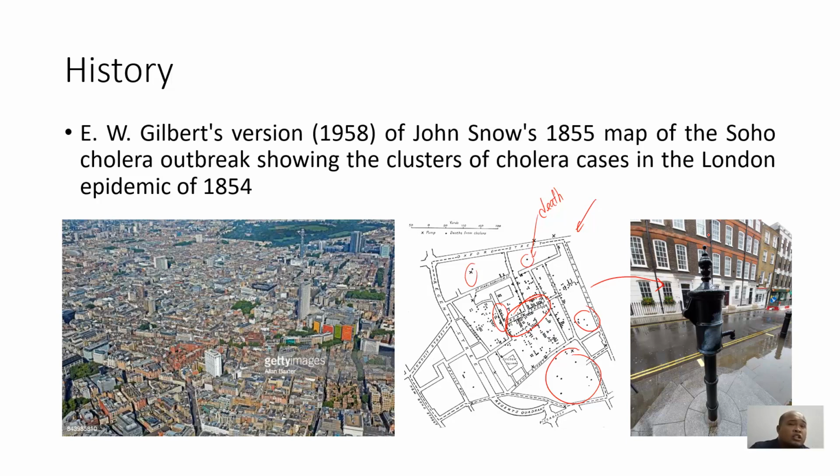So all the cow dung, cow sheds, and slaughterhouse waste were dumped into their drainage system.